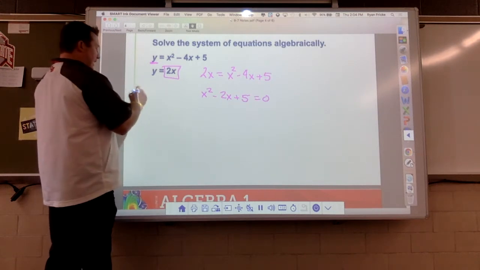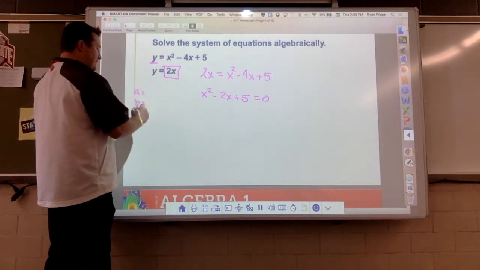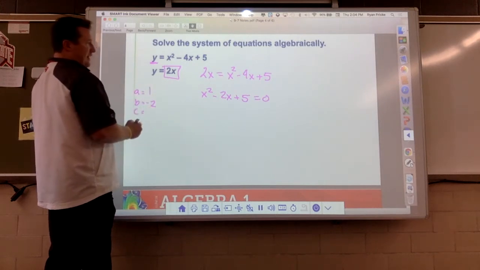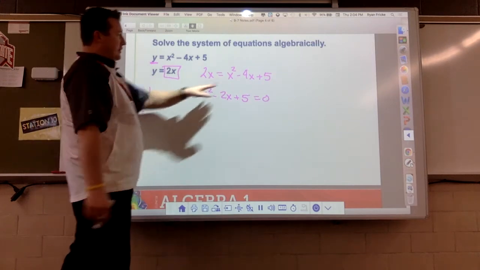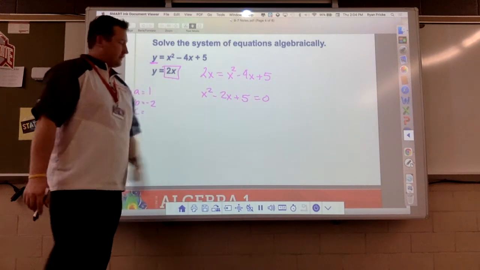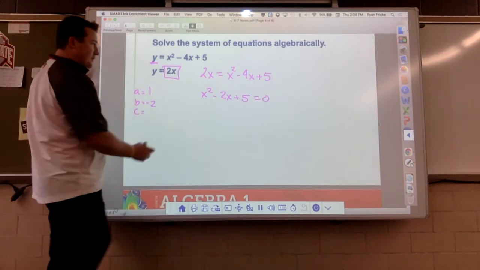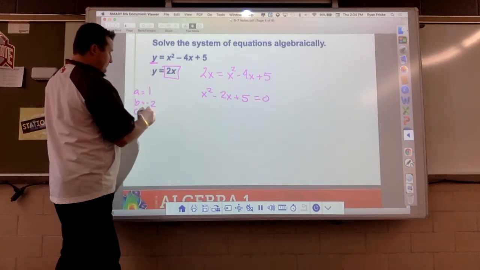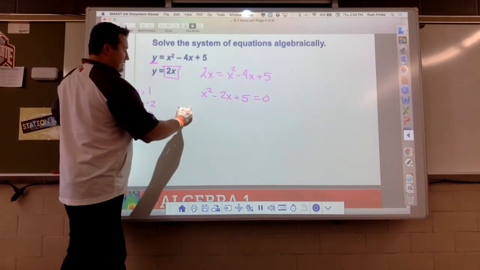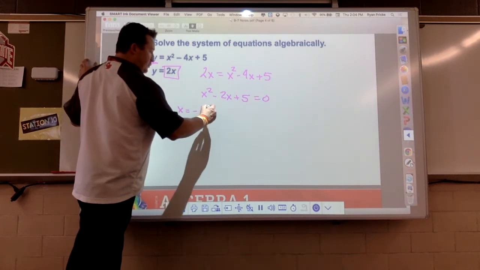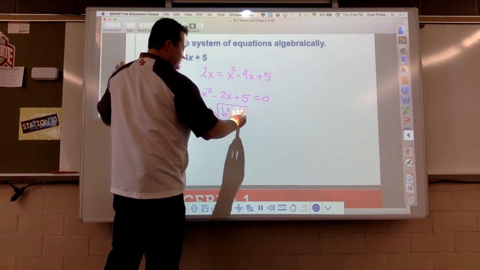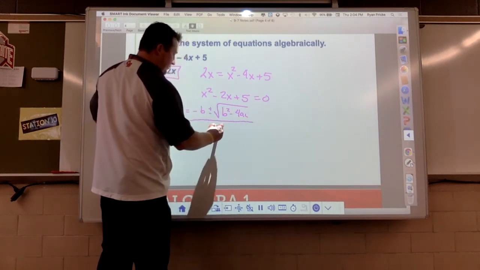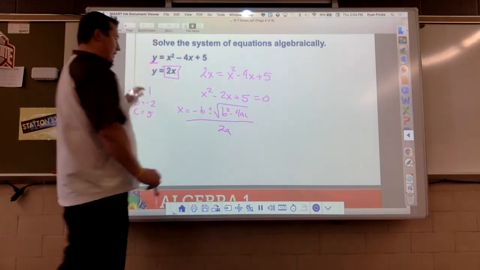So A, B, and C. A is 1, B is -2. Wait a second. Yeah, never mind. We're good. I'm looking here going, B should be -4, and then I wrote down 2. Yeah, so B is -2, and C is 5. So x equals the opposite of b plus or minus the square root of b squared minus 4ac, all over 2a.